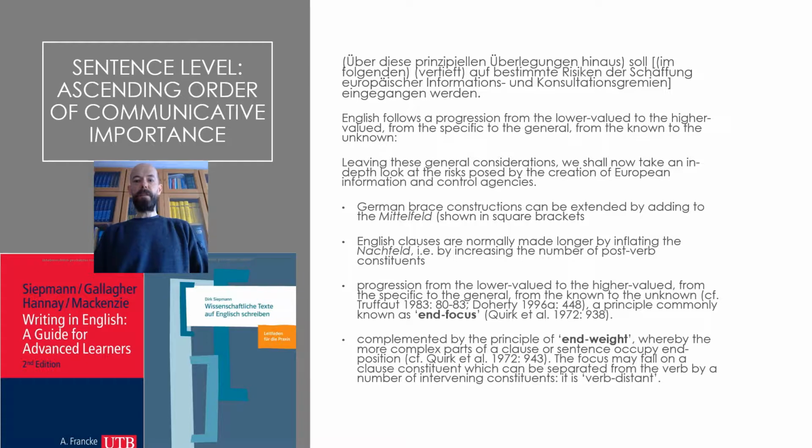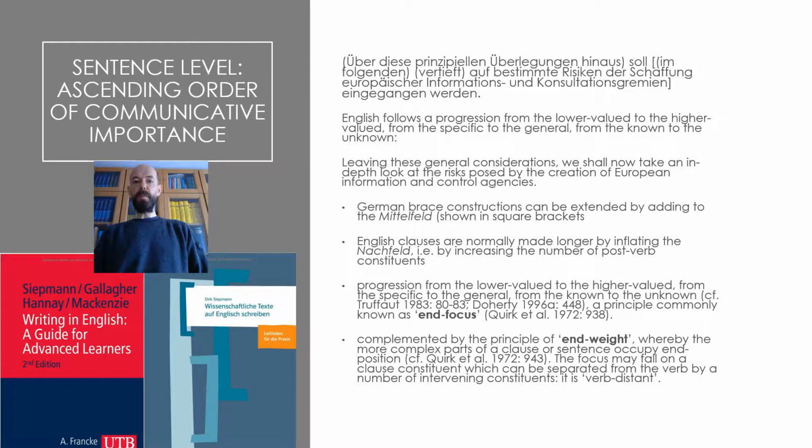So we have an adverbial at the beginning of the sentence, followed by the finite verb soll, and then the brace construction, the Klammersatz, starting with an adverb of sequence, im Folgenden, followed by an adverb of degree, and followed by the prepositional object that belongs to the verb eingehen, auf etwas eingehen.